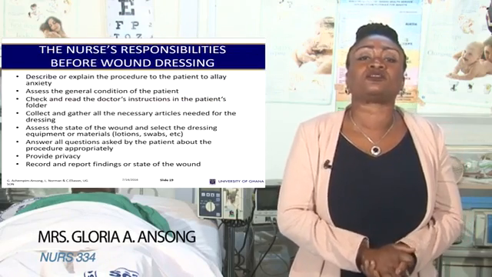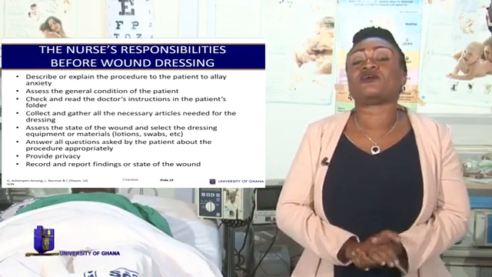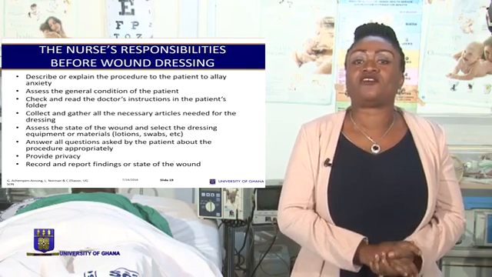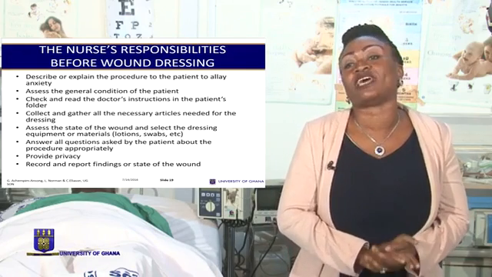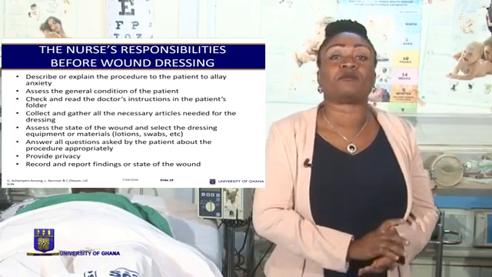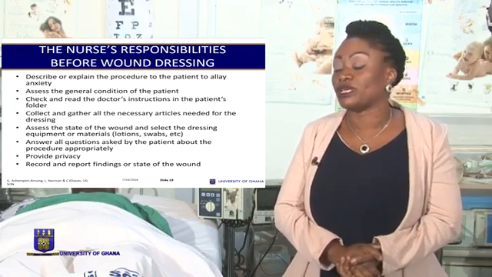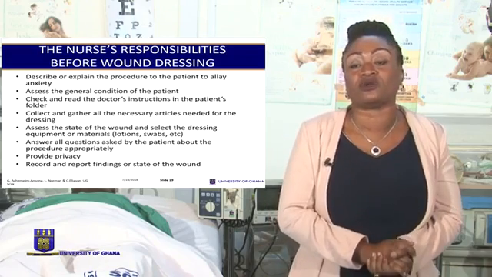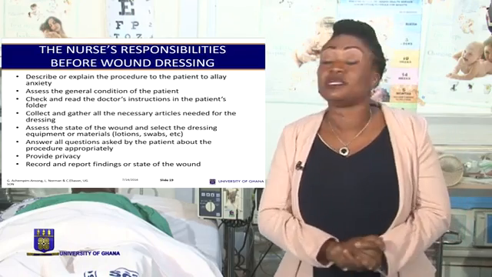Now, to come to the dressing or the procedure itself, the wound may be dressed with or without an assistant. If the wound is being dressed with assistance, the responsibilities of the assistant are: one, to ensure the positioning of the patient, help with the provision of privacy, help with the protection of the bed, and then the assistant is also going to help with pouring of lotions and the release of plaster on the wound.